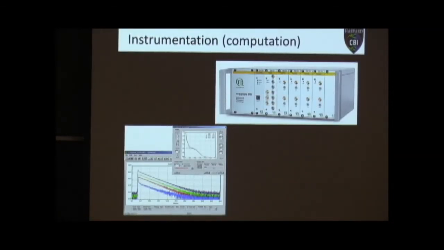Cool. So we've got our excitation taken care of, we've got a pulse laser, we've got our detection taken care of with a really fast PMT. And the last thing we need is some instrumentation to handle our computational electronics in between. So what we're going to have is one of these big electronics boxes from PicoQuant, and this essentially handles all the timing.